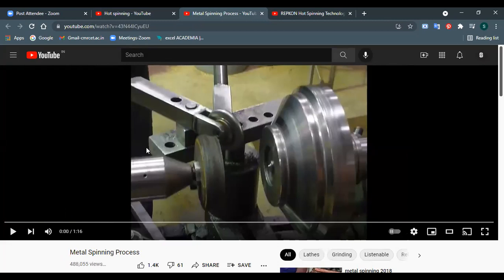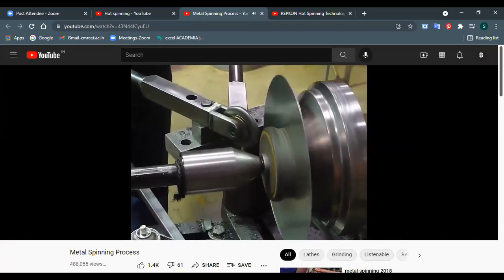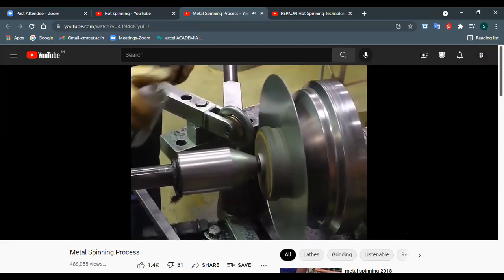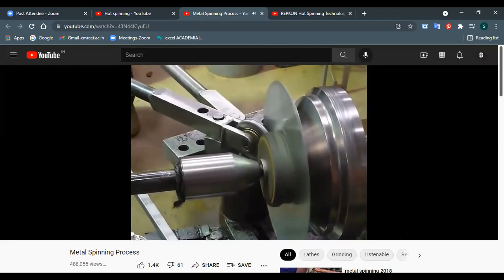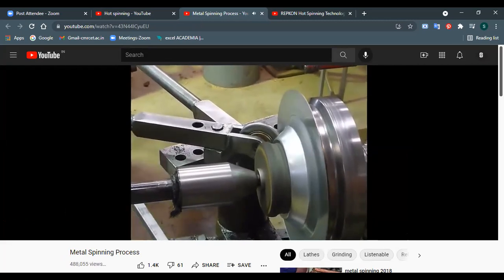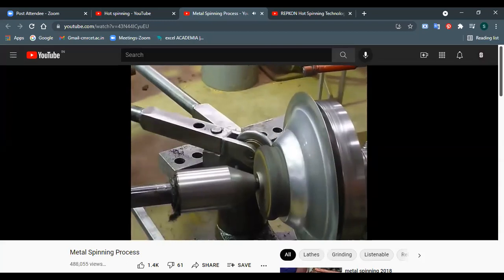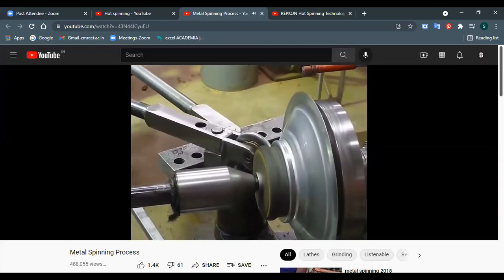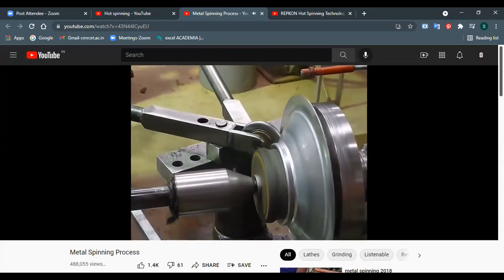Let's see this video. You will understand how that spinning is achieved with this roller. What is the importance of the movement of this roller? Now, the machine is applying lubrication. How is it able to form that shape? Because the workpiece is moving.